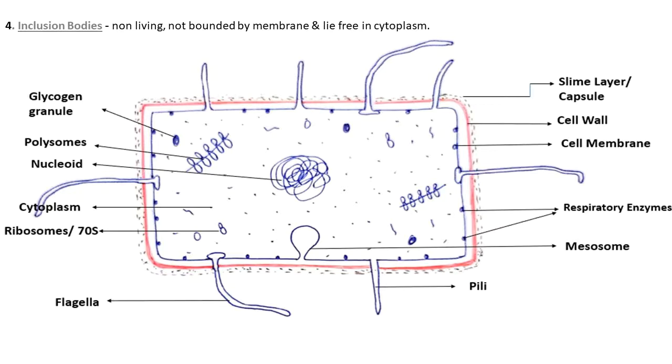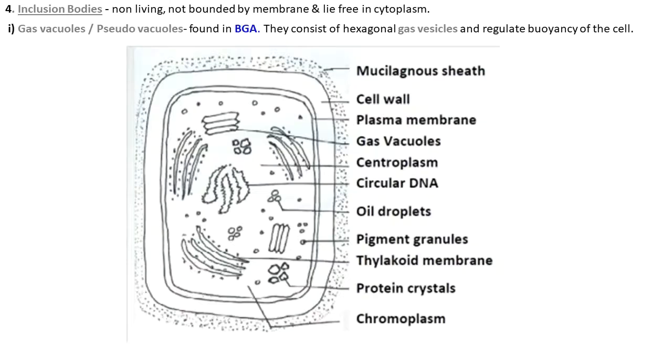So inclusion bodies include, number one, gas vacuoles. Gas vacuoles are present only in the blue-green algae. Just repeating, gas vacuoles are present in the BGA, which consist of hexagonal gas vesicles, which help in maintaining the buoyancy of the cell.